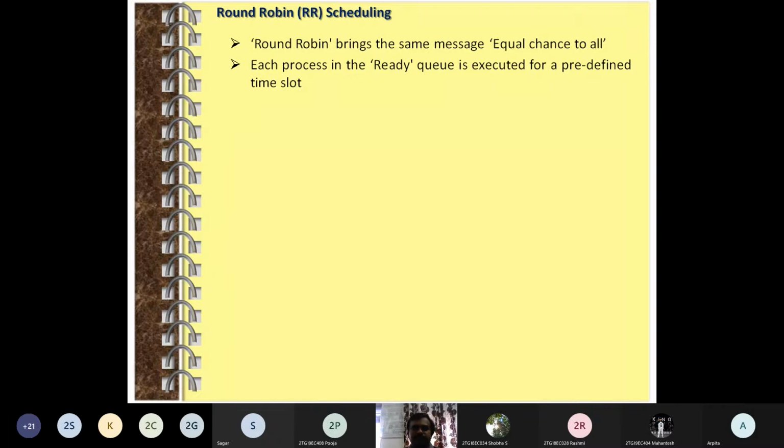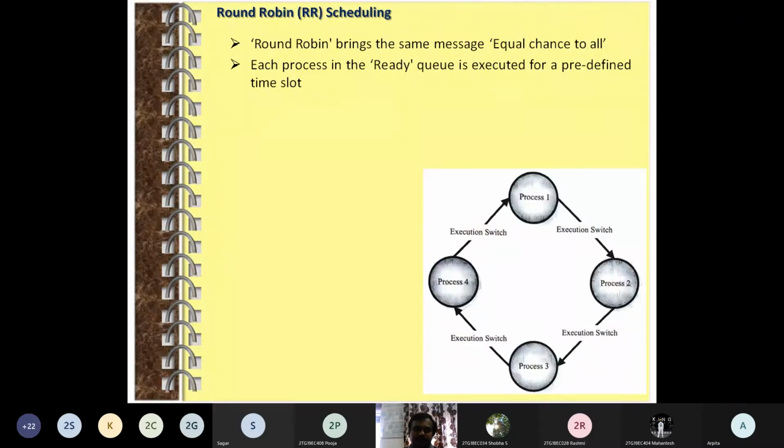Next, the second process starts executing for the given time period. After its completion, if the process is still not completed, it is once again kept at the end of the queue. That is the process we observe in round robin. The loop will continue until all process executions are complete.